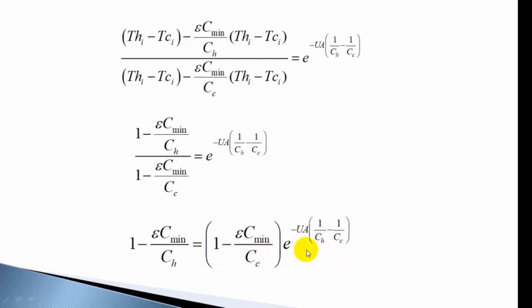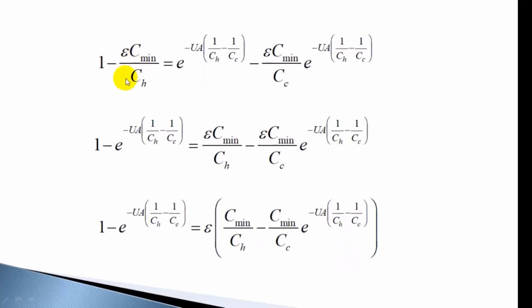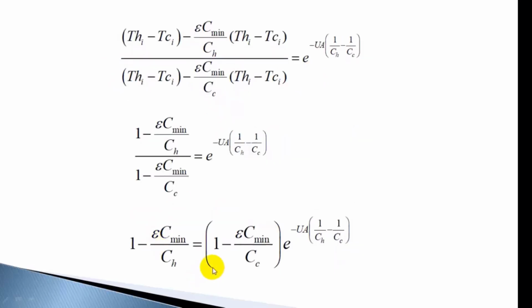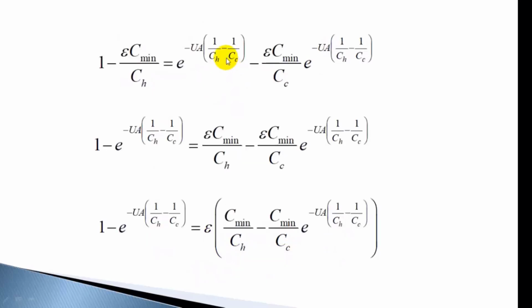If you remove the bracket, you get e raised to minus UA into 1 by Ch minus 1 by Cc minus effectiveness into C minimum by Cc into e raised to minus UA into 1 by Ch minus 1 by Cc. Left hand side remains same.